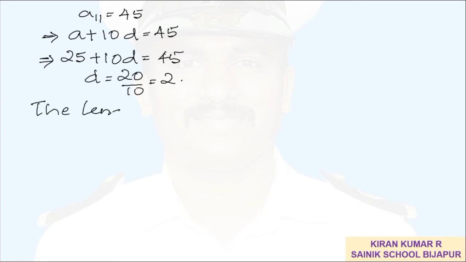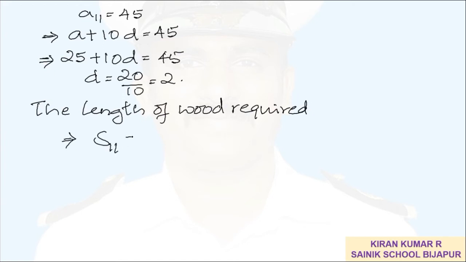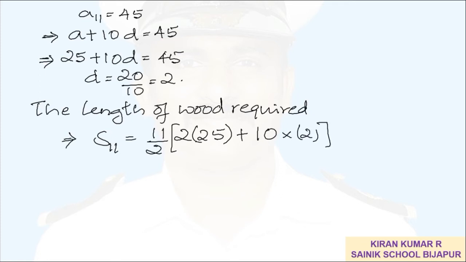The length of wood required will be sum of 11 terms. So 11 by 2 times of 2A, which is 2 times of 25 plus 10 times of D. So it is 11 by 2 times of 50 plus 20.